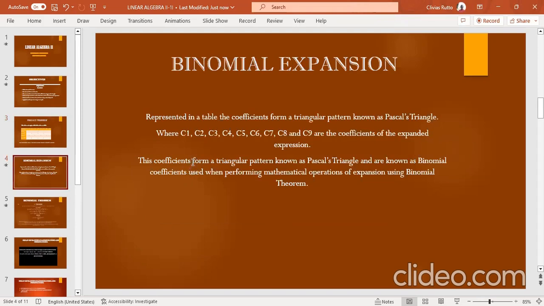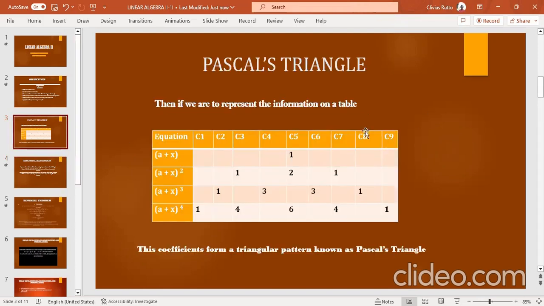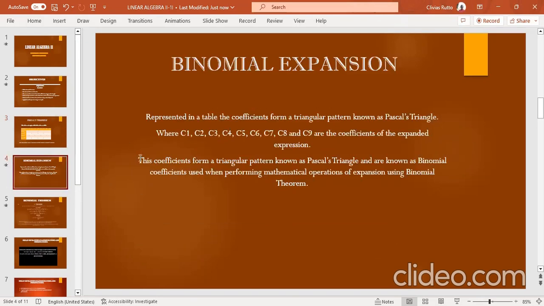So from the table, C1, C2 up to C9 are coefficients of the expanded expression. These coefficients are very key in the performance of binomial expansions, and they are useful in performing mathematical operations of expansion using the binomial theorem.